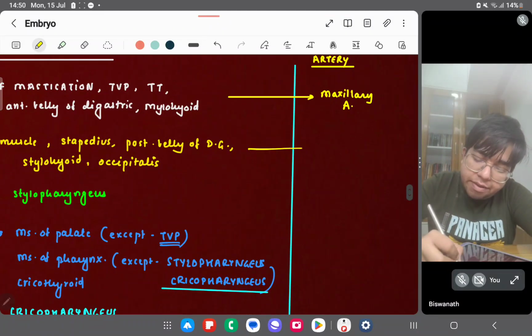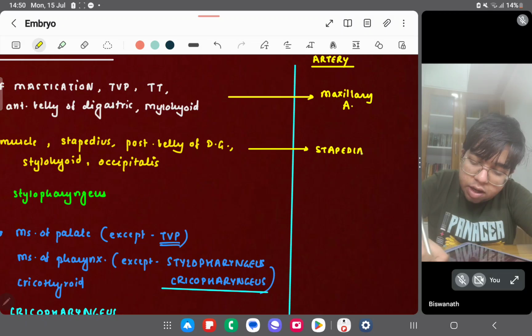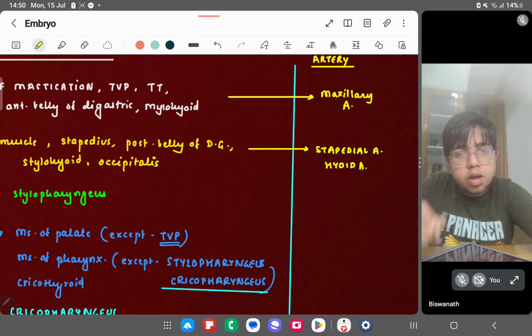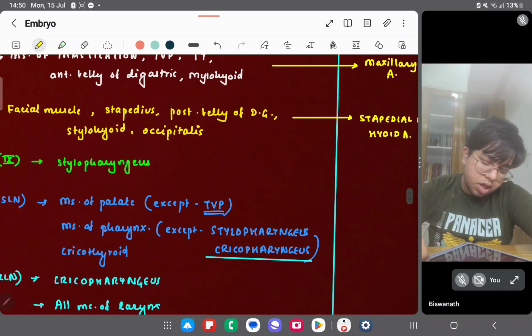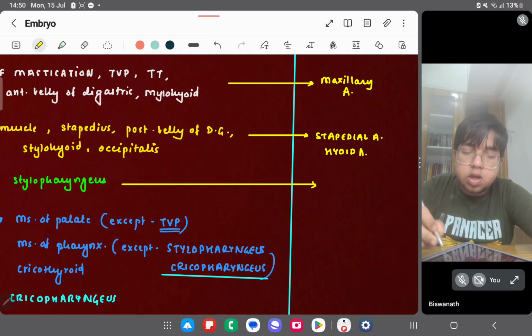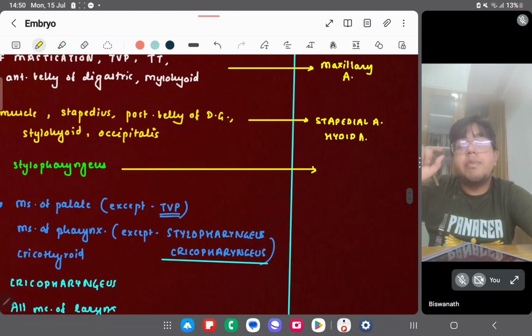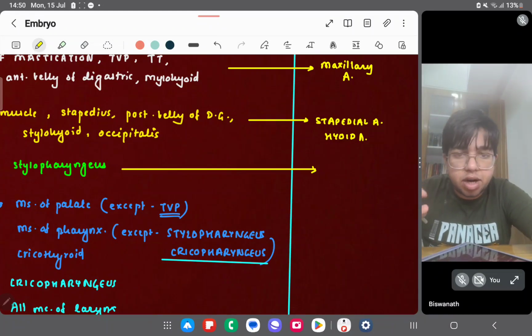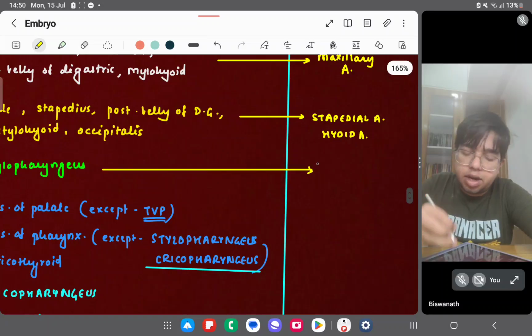Okay, so we have a stapedial artery and hyoid artery. Done. Then this third arch. Third arch, remember we have our common carotid and the internal carotid artery. Common carotid artery and internal carotid artery.